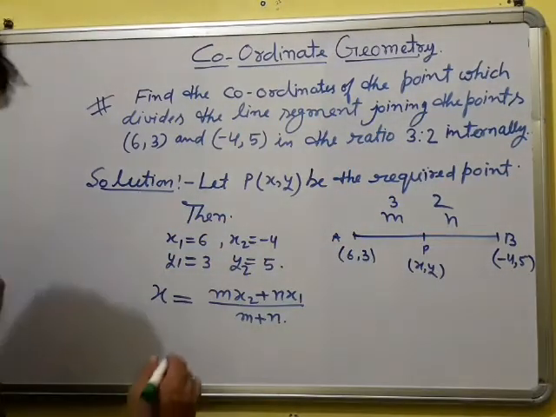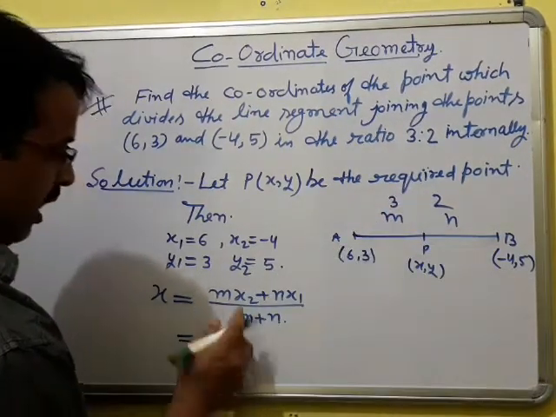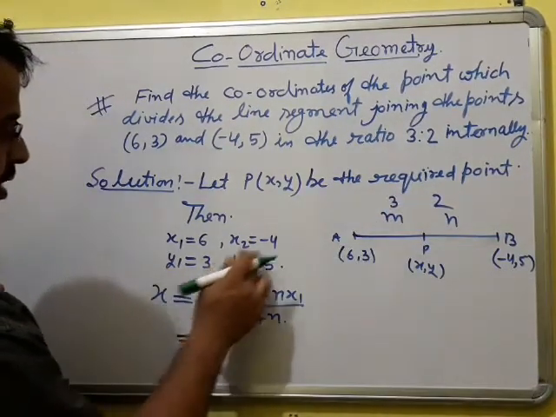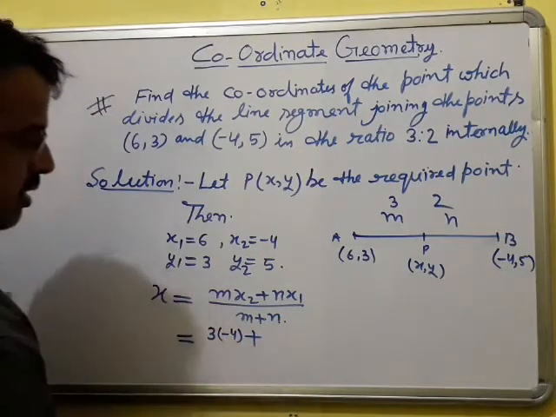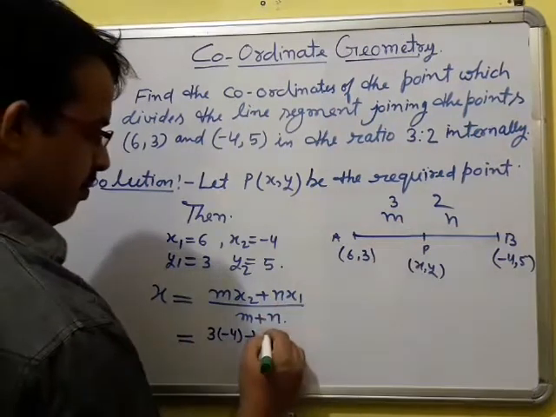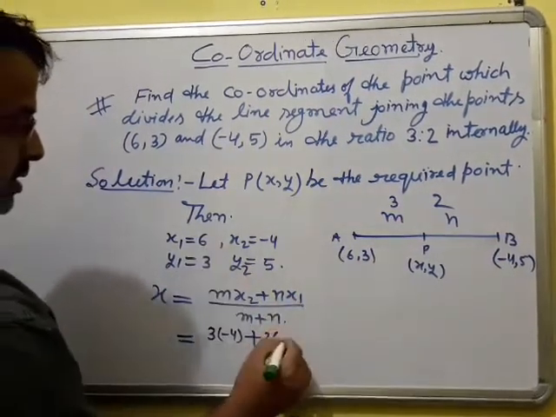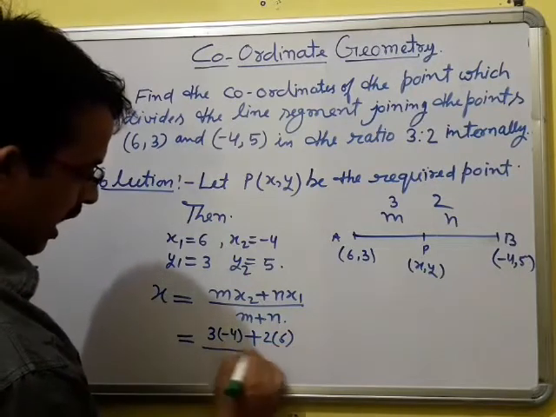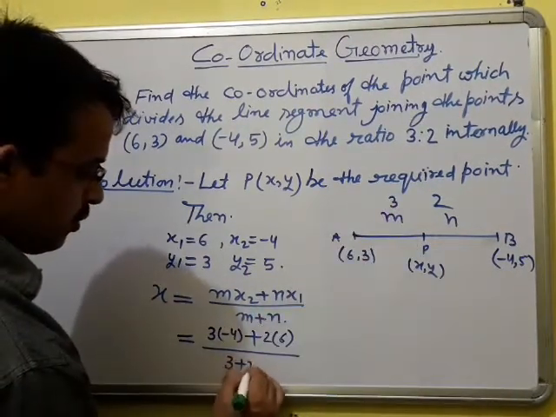Put the values here. m is 3, x2 is -4, plus n is 2, and x1 is 6, over m plus n, which is 3 plus 2.